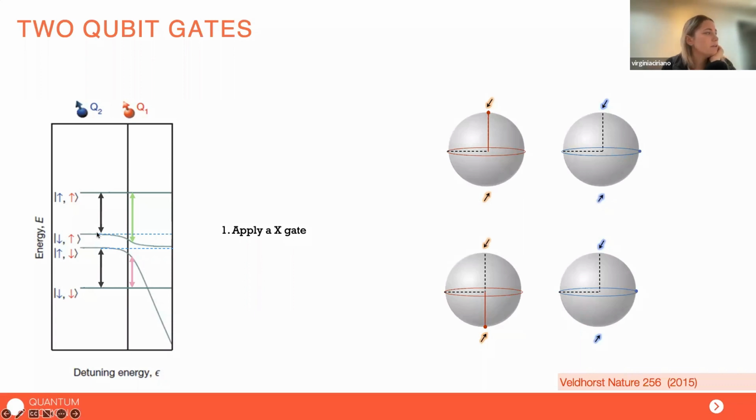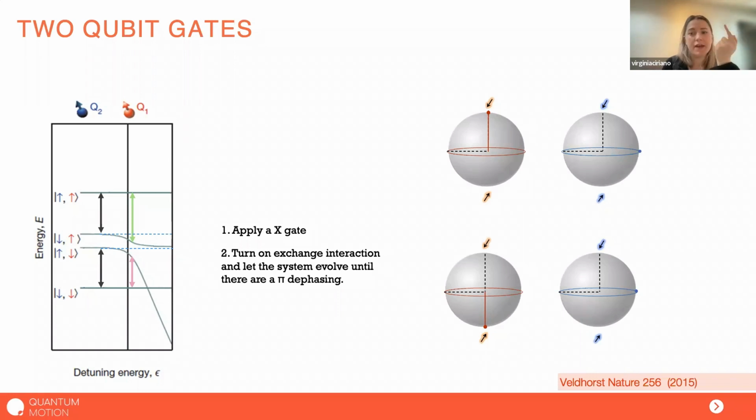Now we're going to put the electrons together, which would turn on the exchange interaction. So the spin is going to rotate around the sphere, but it will rotate at different speeds, depending on whether the red electron has a spin down or a spin up.